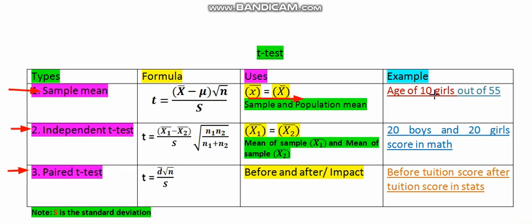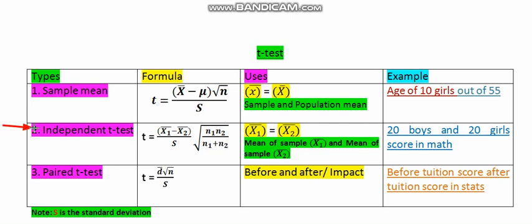Say, for example, out of these 55 students, you may take 10 samples of the age of the girls, and you try to check whether the mean of these 10 girls is the same as the mean value of the 55 girls or not. So it's just a simple test which is used to check whether the sample mean and the population mean are the same or not. This is the first use of the simple t-test.